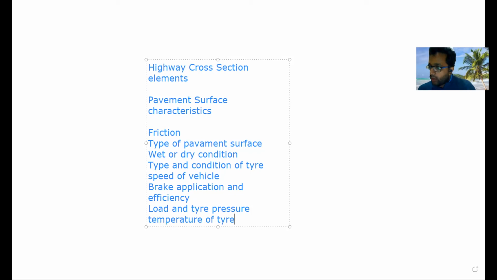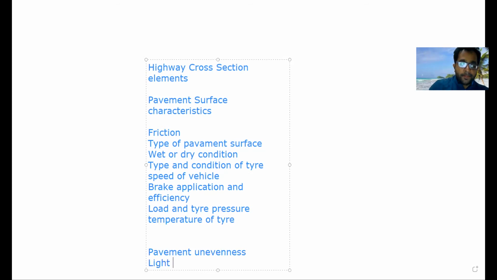Now, another factor after friction, these things we can include under friction, is pavement unevenness. How much is the degree of unevenness in the pavement surface? Then light reflecting characteristics.